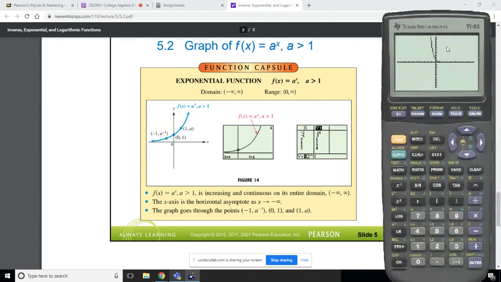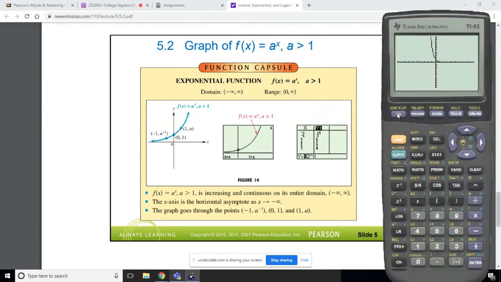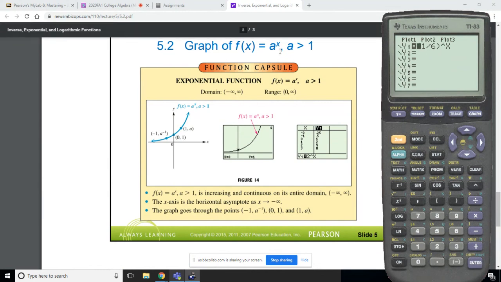The function that we just graphed, our base was 1/6, which is less than 1. And so these graphs will take different shapes based on your base. All right, so we're looking at graphs of exponential functions with a base that's greater than 1.